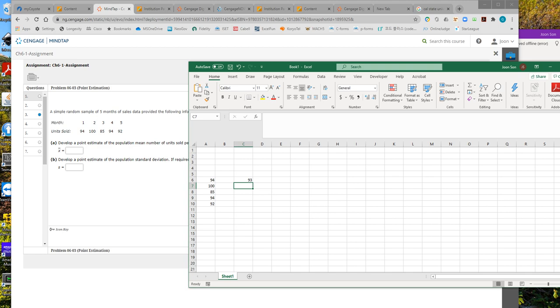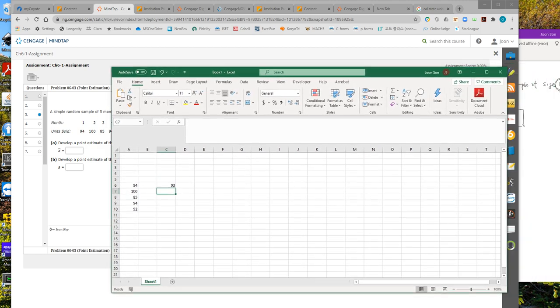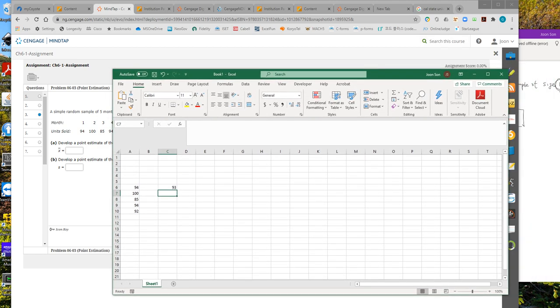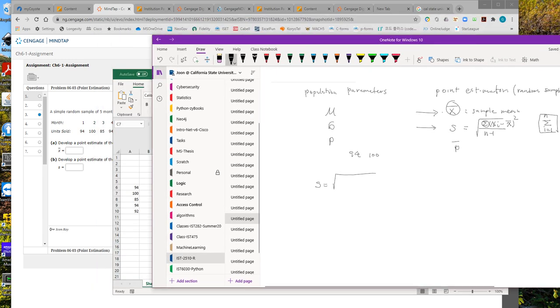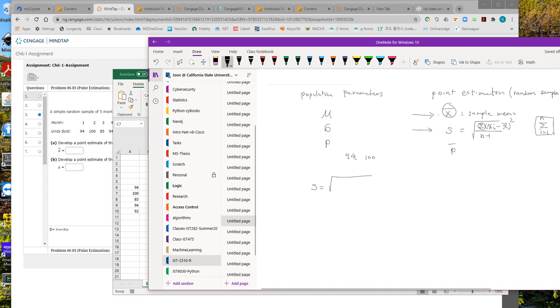There are 2 ways you can get this value. I want you to know both. The first way is to use this equation. The point estimate for the population standard deviation is the square root of the sum over n minus 1.